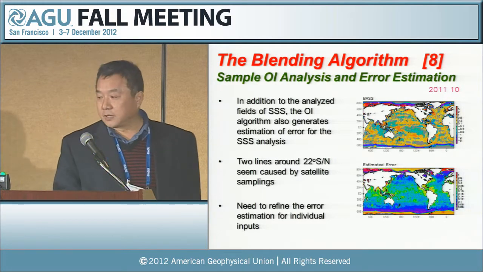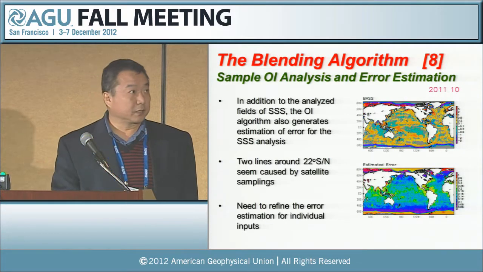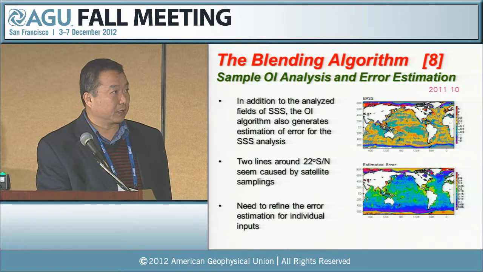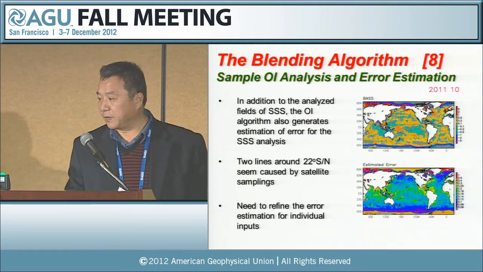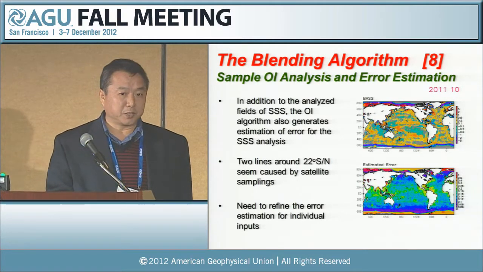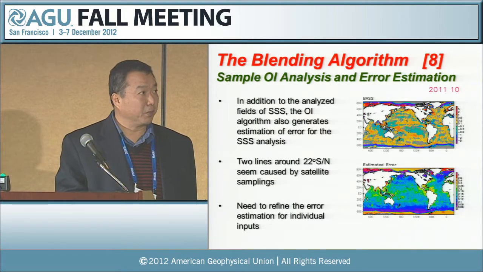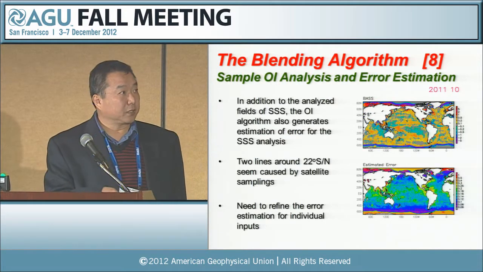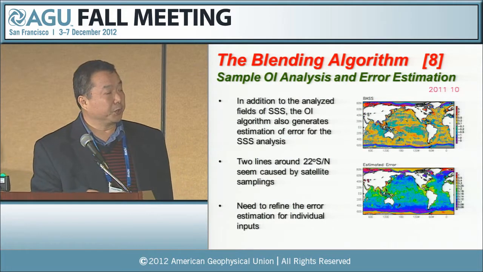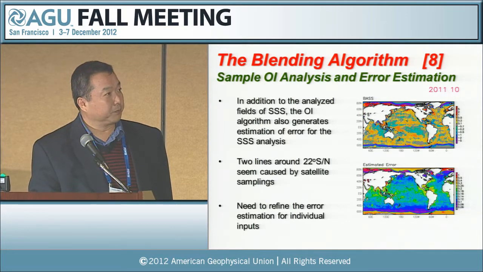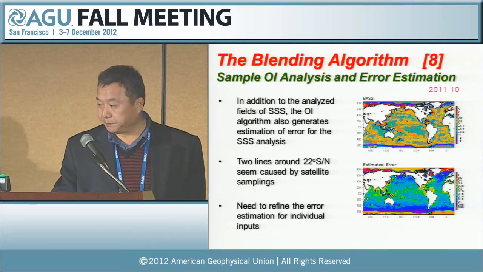As a part of the OI procedures, we can also give out the uncertainty estimations as estimated random error, since as part of the OI procedures, we need to put in the error estimation for each individual input. So I think in the future, when users use these products, they can have some idea how accurate or how wrong the analysis is.